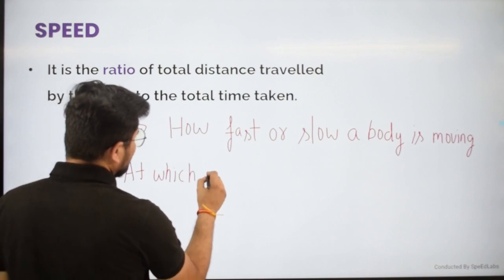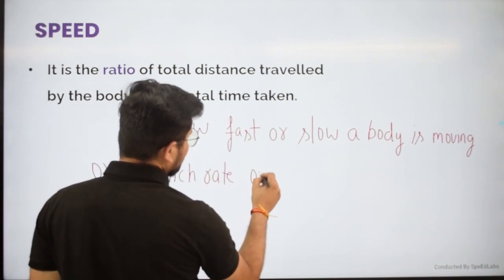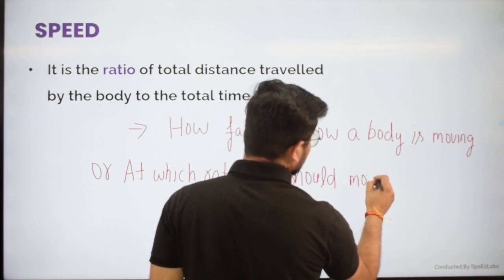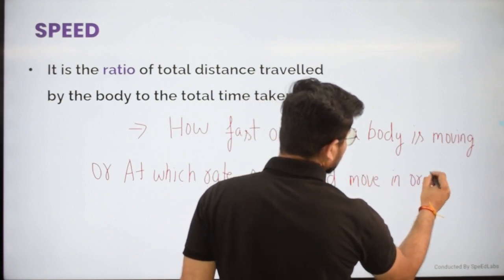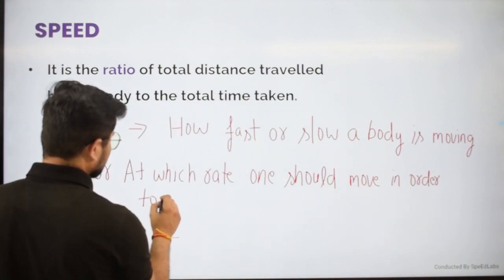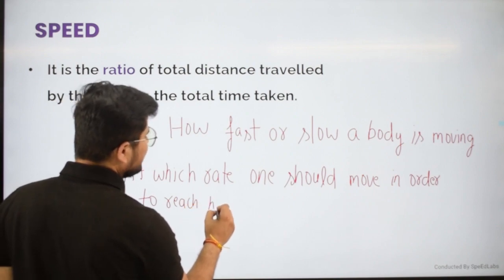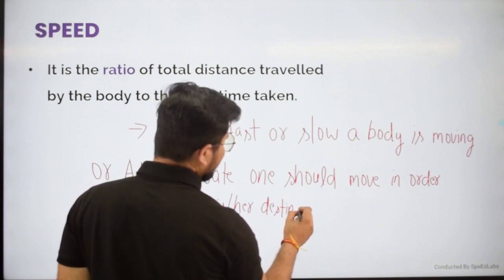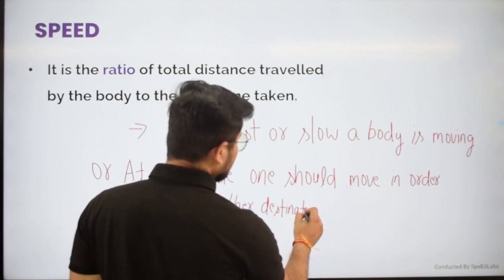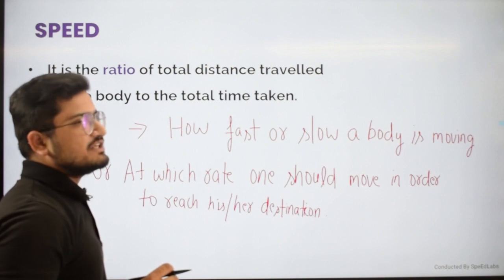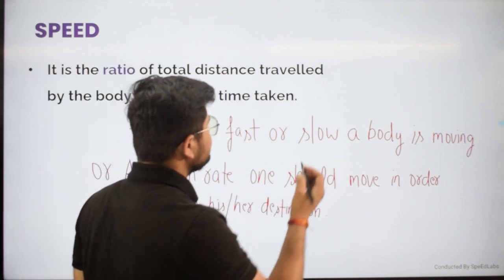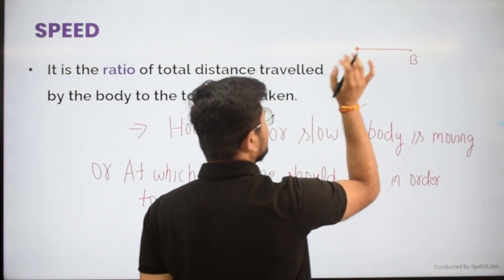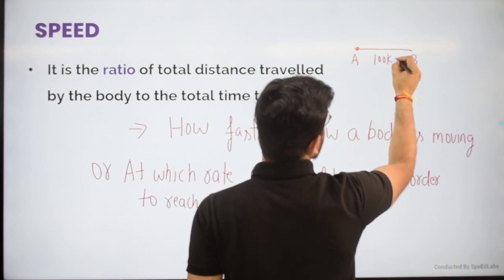That is what speed tells us. For example, this is a point A and this is the point B, and the distance from A to B is suppose 100 kilometer.